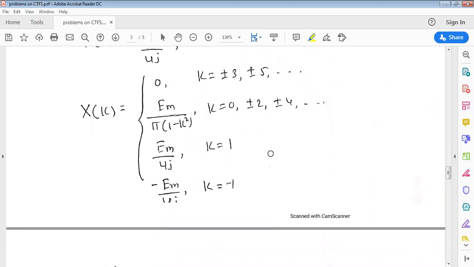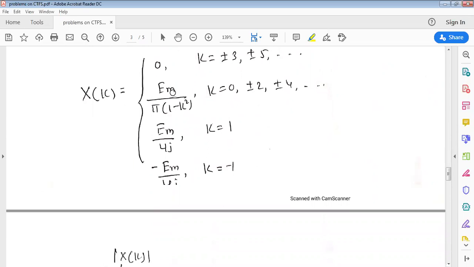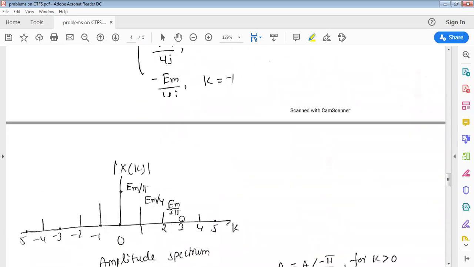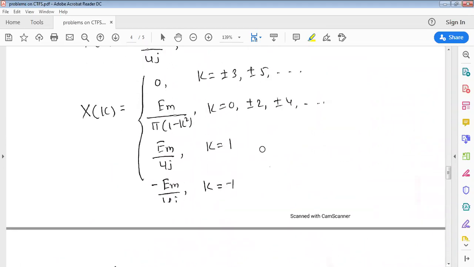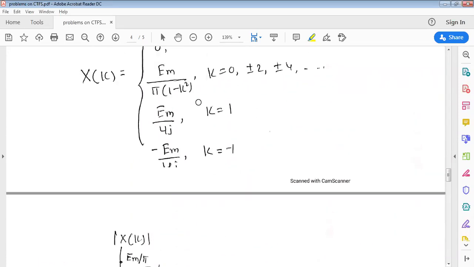Now, once again, we'll write the angle plot. The magnitude plot I've shown you here. When it is 0, so 3, 5, all those things are 0. See here, at 0, what is the value? When k equal to 0, Em by pi I'm going to get, that I have written here. When k equal to plus 2, what happens? Em by pi into 1 minus 2 square, that is minus 3.